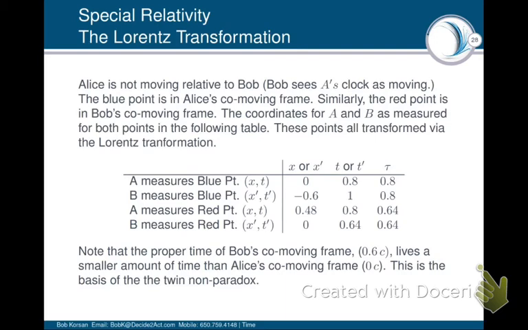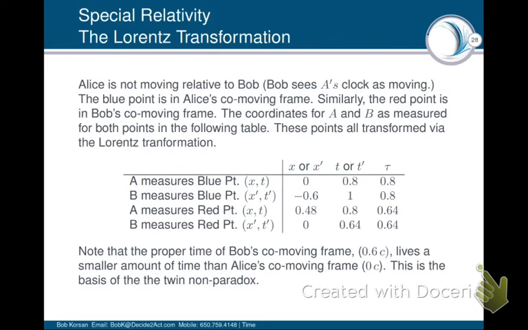Alice, on the other hand, says that Bob is to the right of her at 0.48, and at the same time as where she was, 0.8, because we saw those were two right angles, and both Bob and Alice measure the proper time as 0.64.